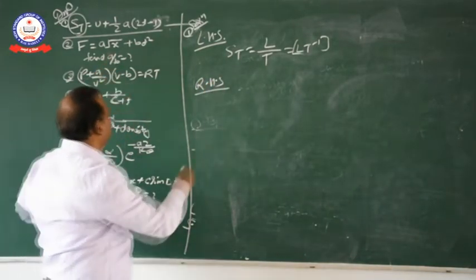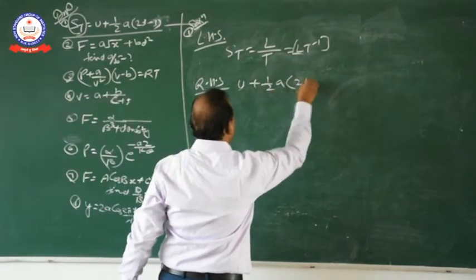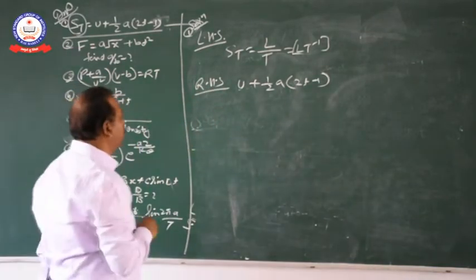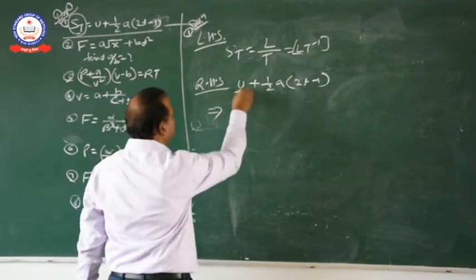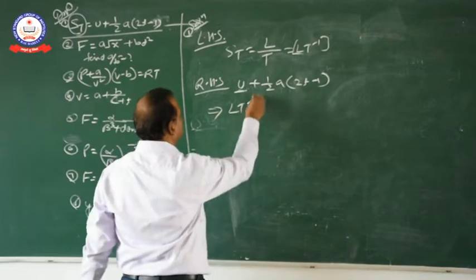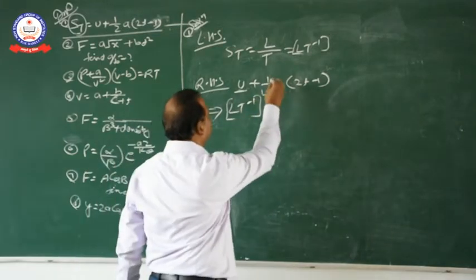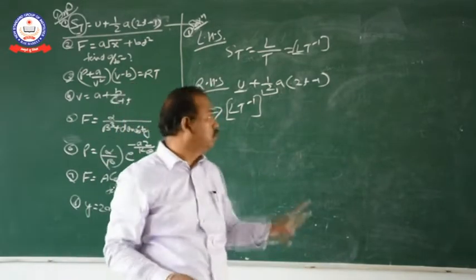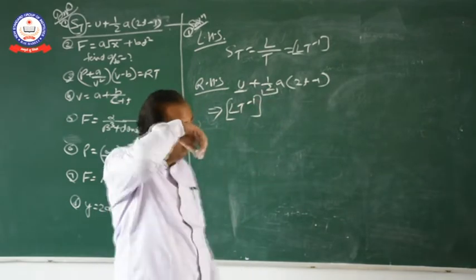RHS: u plus half a (2t minus 1). Generally students write the dimensional formula of u as LT inverse, and you know very clearly we are not concerned with the numerical value present in the formula.